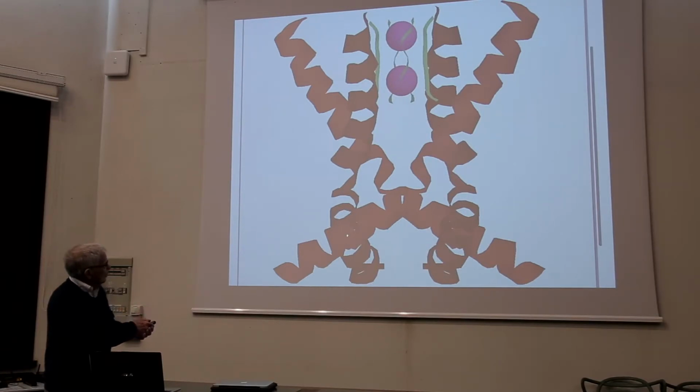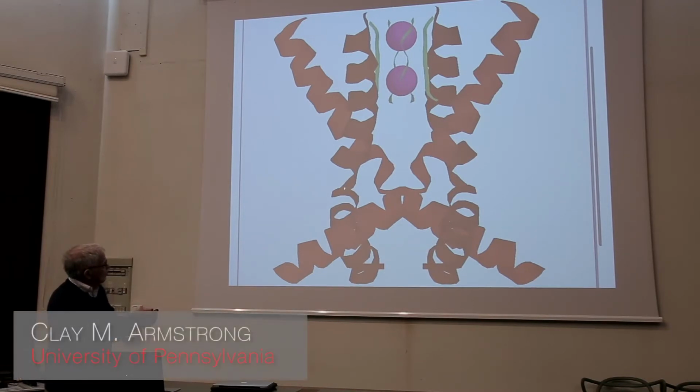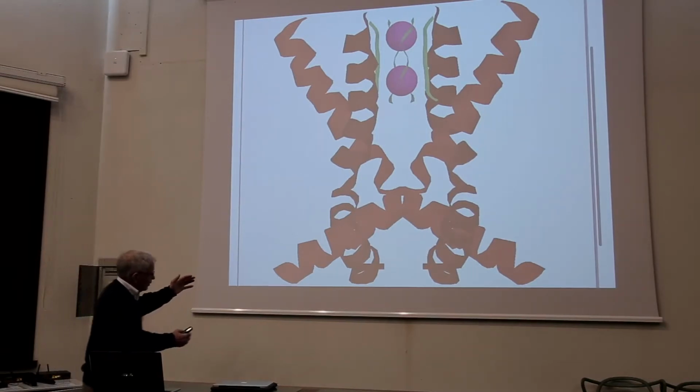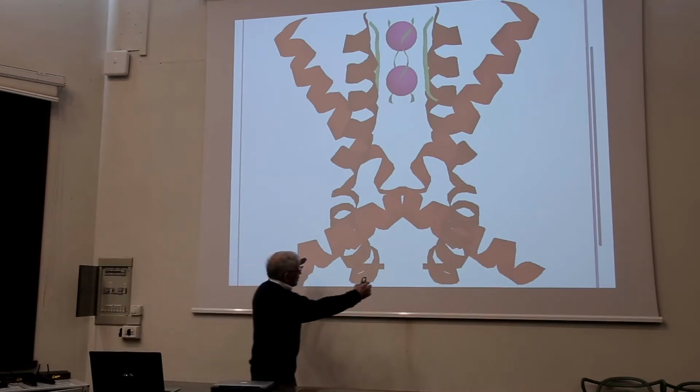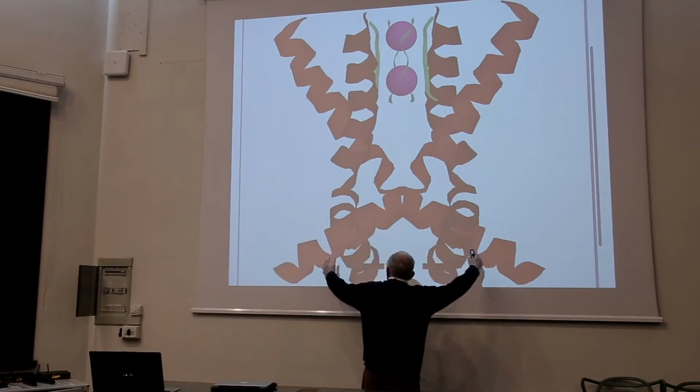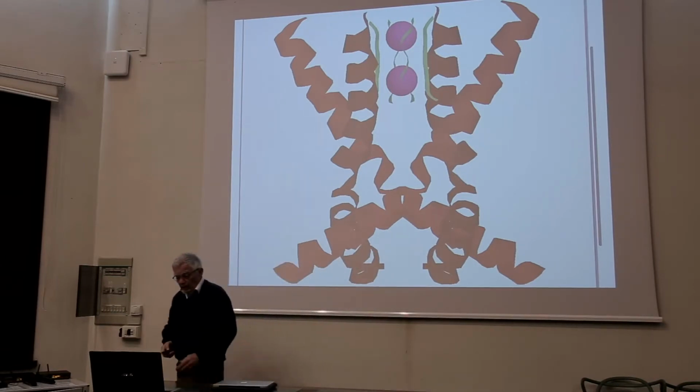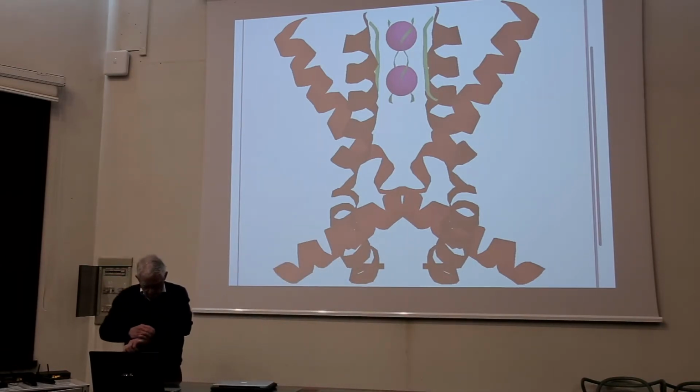Then, if we look at it from one angle, you see that it kind of bulges out down here, and that's the vestibule. And if you look at it in the other direction, it has these arms that come out and will converge in order to close these. So these will move in together in order to close the channel and keep it from conducting.